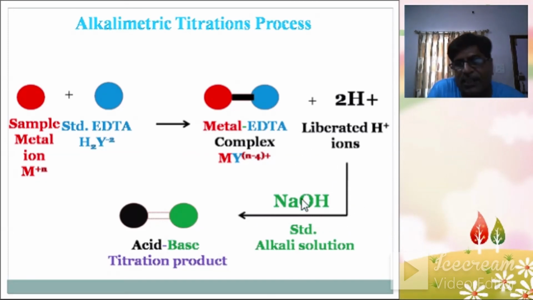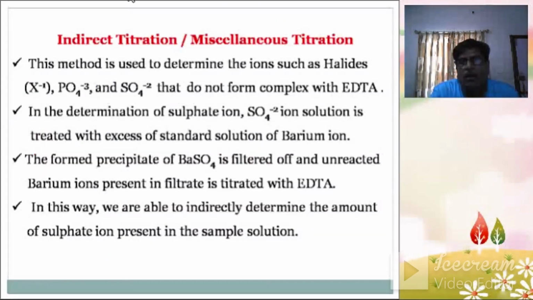And the last method, indirect titration or miscellaneous titration. This method is used to determine ions such as halide, phosphate and sulfate that do not form complexes with EDTA. In the determination of sulfate ion, the solution is treated with an excess of standard solution of barium ion.